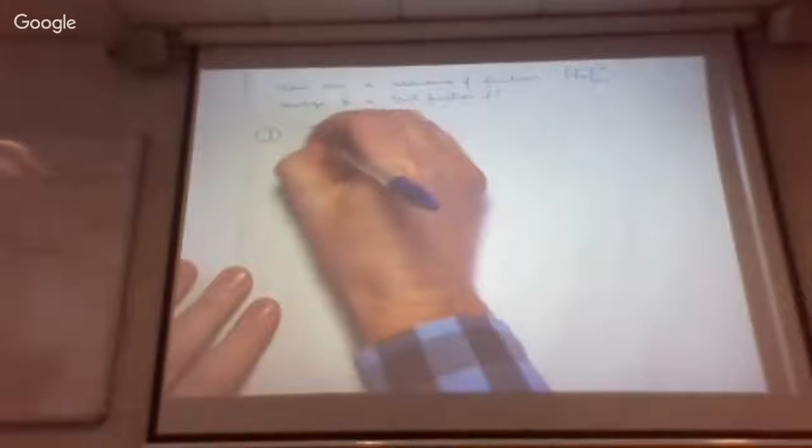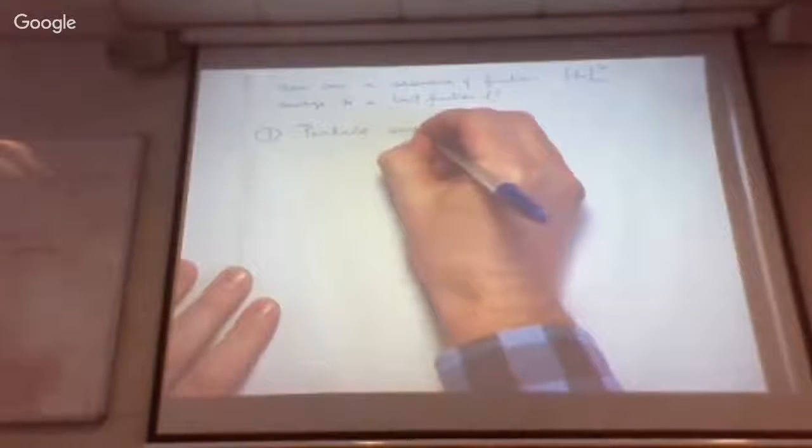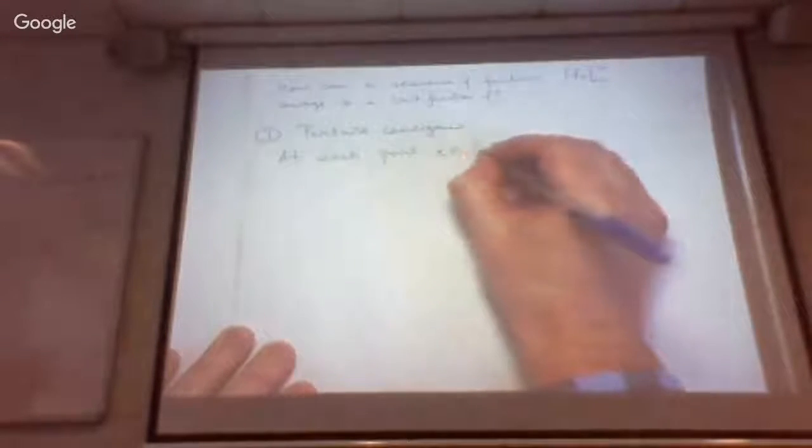Okay? So the first type of convergence we're going to talk about is pointwise convergence. And this would be, if you look at each point x in the domain of interest, okay, we'll talk in the context of Fourier series here.